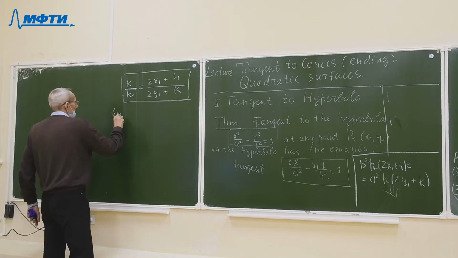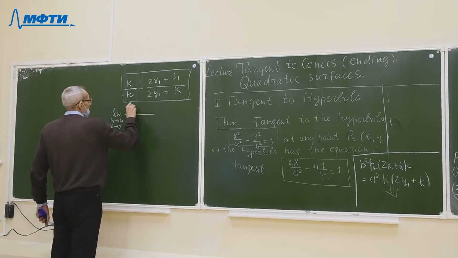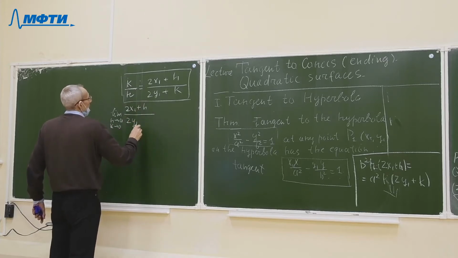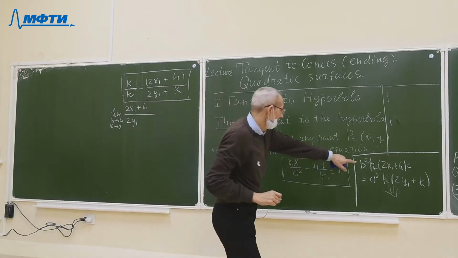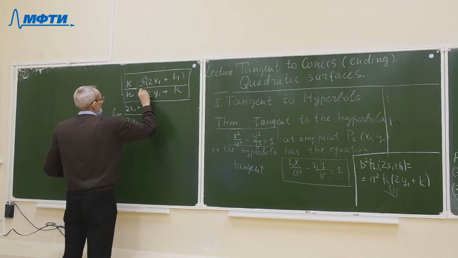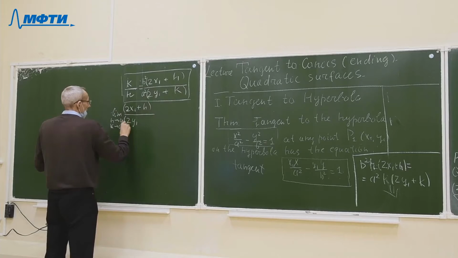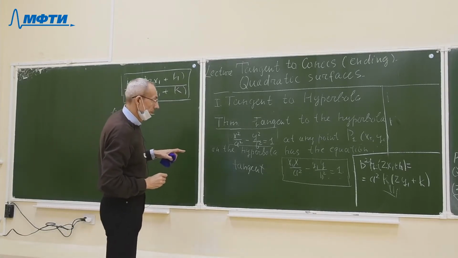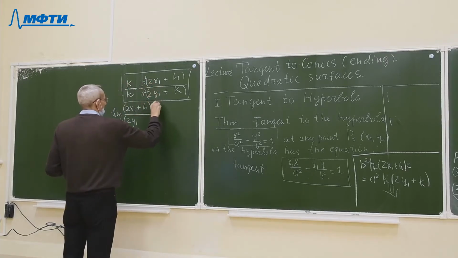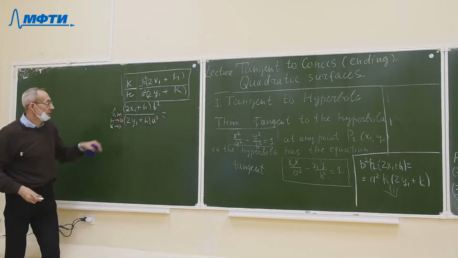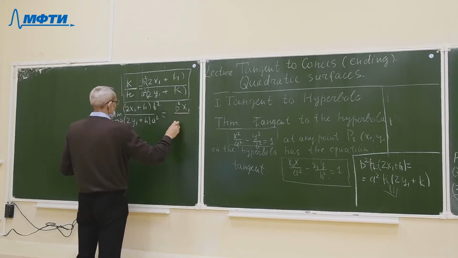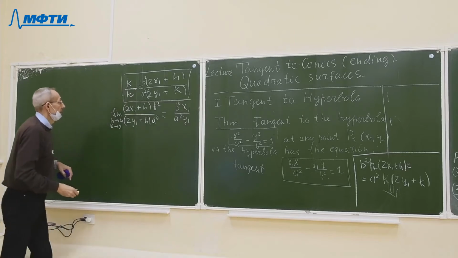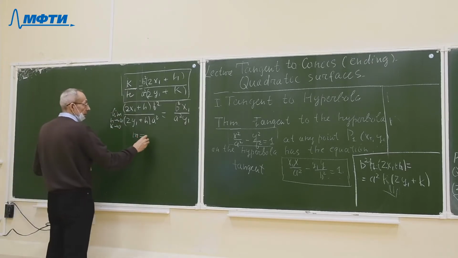And in the limit, when h goes to 0 and k goes to 0, this expression goes to the ratio b square x1 to a square y1, and we obtain the exact value for the slope.